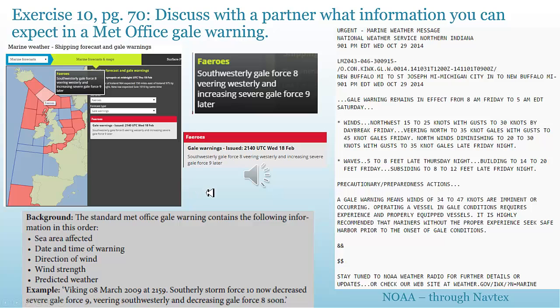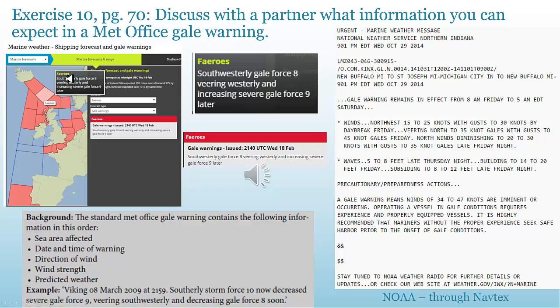If you go to the Met online, you can see here are the different areas, the sea areas around Great Britain, but they also extend from the coast of Europe all the way down to Spain as well. So you have the areas here in red. They are where they have gale warnings. So you can see all the areas. I picked out the Faroes here, so that was red as well. All the areas where there's red, those are gale warnings.